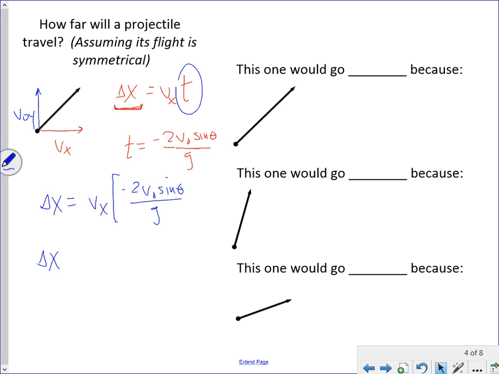And then how do you write vx? Well, that's v naught cosine theta times negative 2 v naught sine theta over g. There's an easier way to write that, but I'm not going to bother. That works fine.